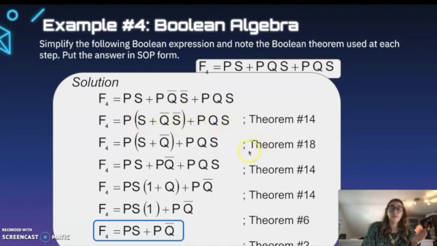We then can apply theorem 18. So we end up with P(S or Q') or PQS. Theorem 14 then gets applied again, and you can see theorem 14 actually gets applied twice in a row here. The first time we apply theorem 14, we get PS or PQ' or PQS. So we have essentially been able to distribute in a way that allows us to get down to 3 expression statements.